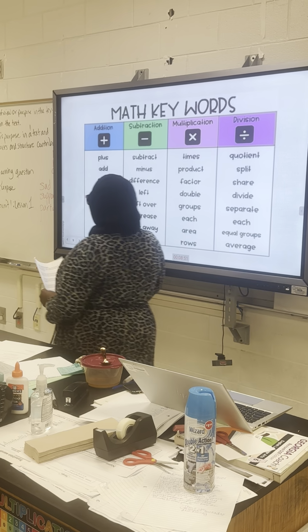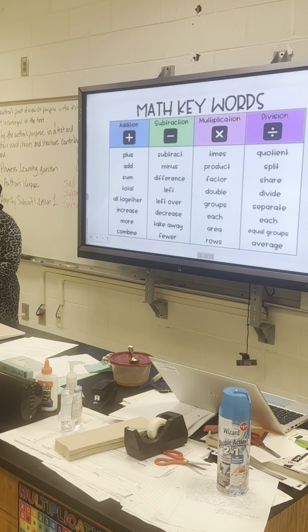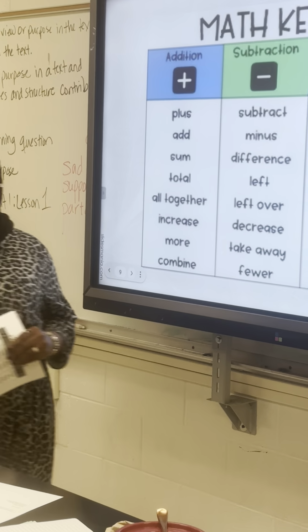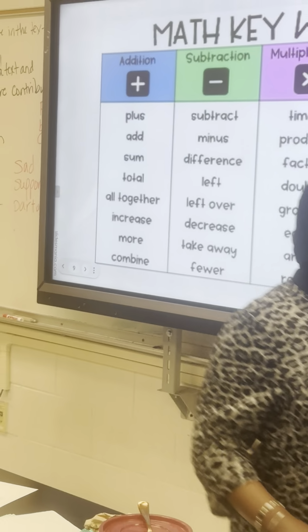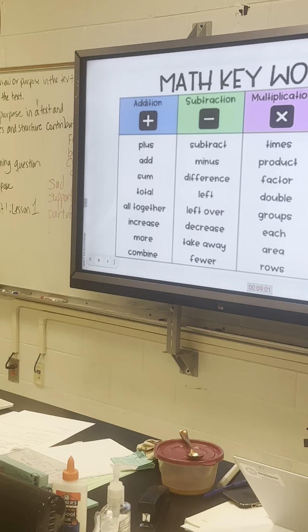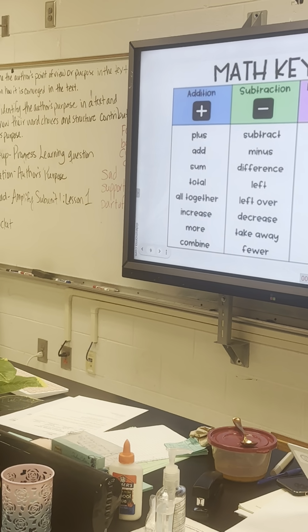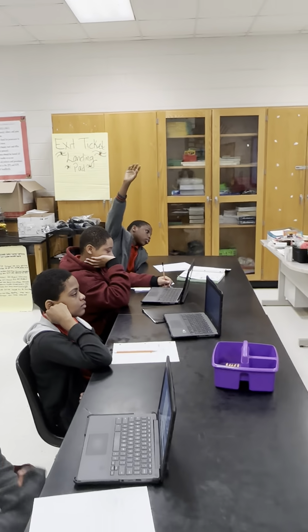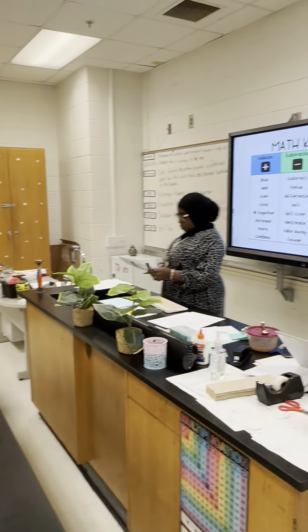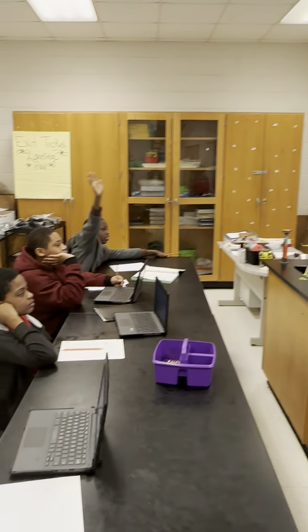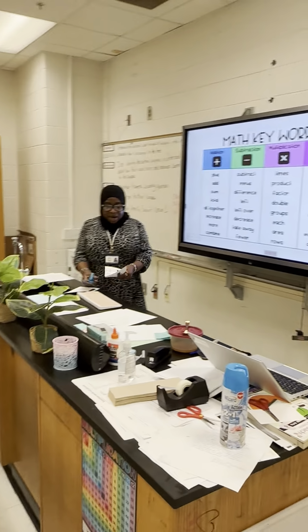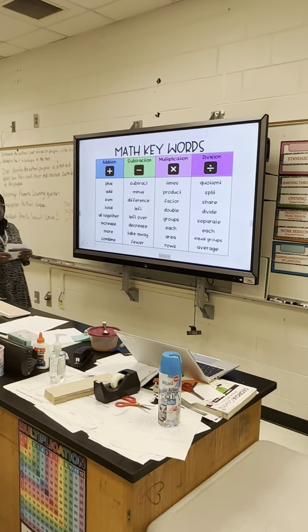So, first column, tell me a word that can mean to add. Looking at the chart, tell me a word that can mean add. Mario? More. More, right? What's another word that can mean that we gotta add? Go ahead, Deontay. Sum. Sum, right? What's the sum? Okay, give me another word.